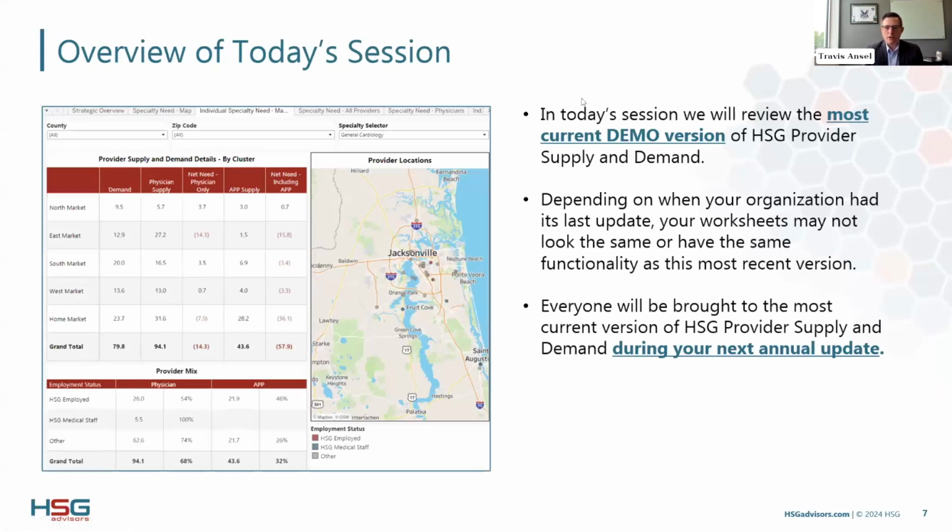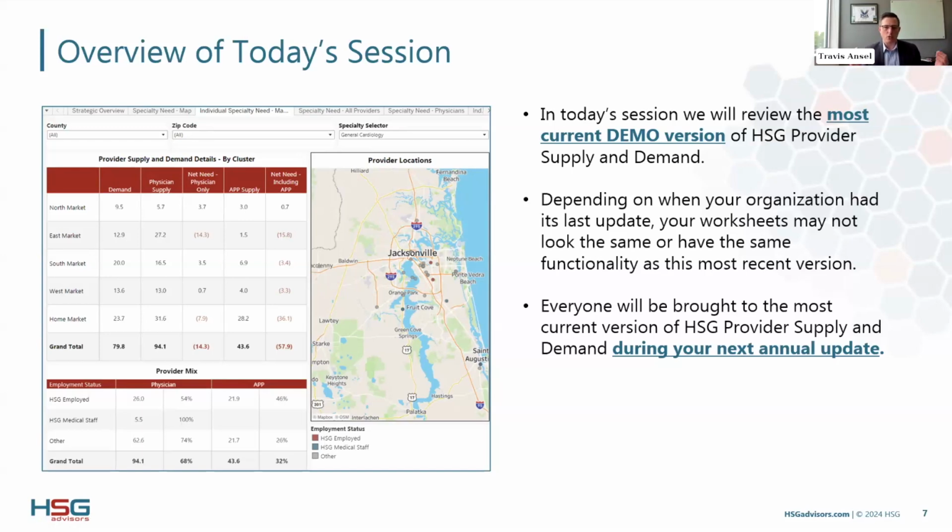So starting with just some housekeeping. One of the things we've learned as a healthcare data analytics visualization company is it's really hard to create demo versions that everyone can look at without showing too much of any one of our clients' data. So we built a demo version that attempts to blind as much data as possible.